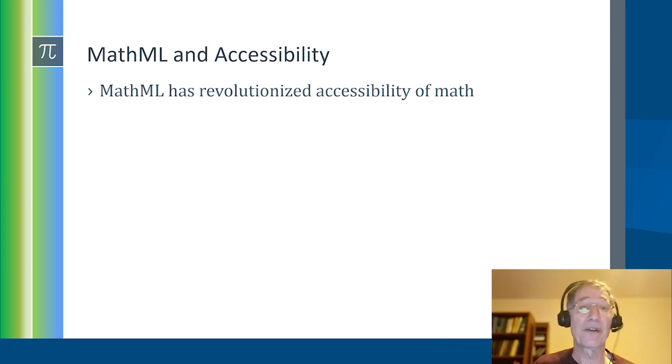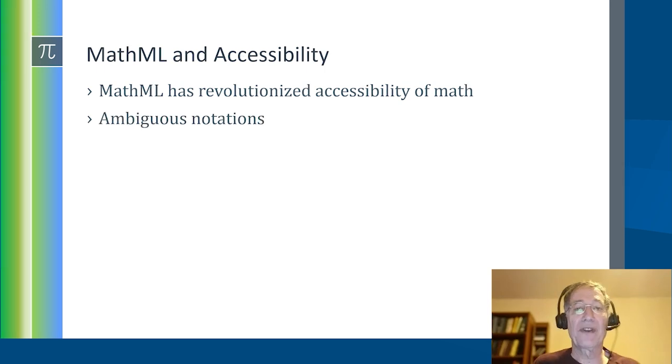And there are people with dyslexia and ADHD, and those are distracting noises for them. So MathML has been great. It's solved a lot of problems. Probably these days, about 80% or more of the math is in MathML on the web or converted to that by MathJax.